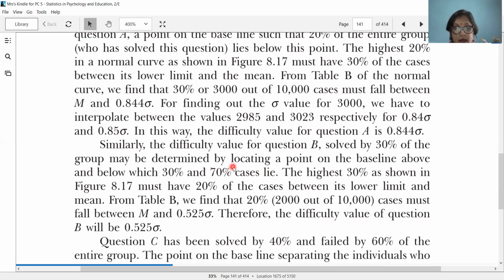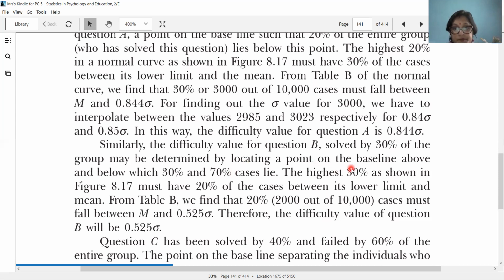Okay, if we see from the perspective of 100%, then out of 100%, only 30% of the individuals are able to solve problem B. So it means 70% are unable to solve the problem if we assume from the perspective of 100%.